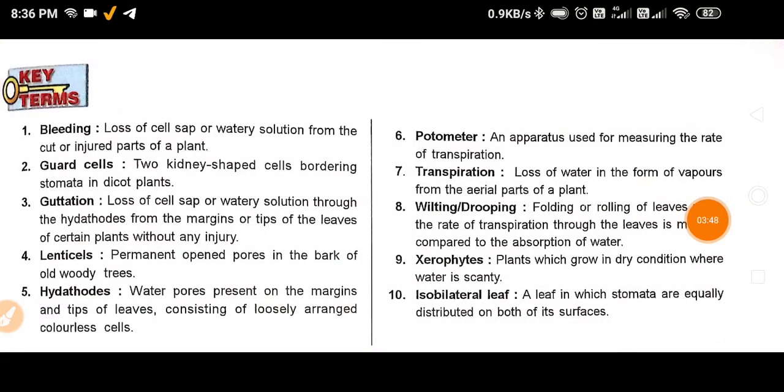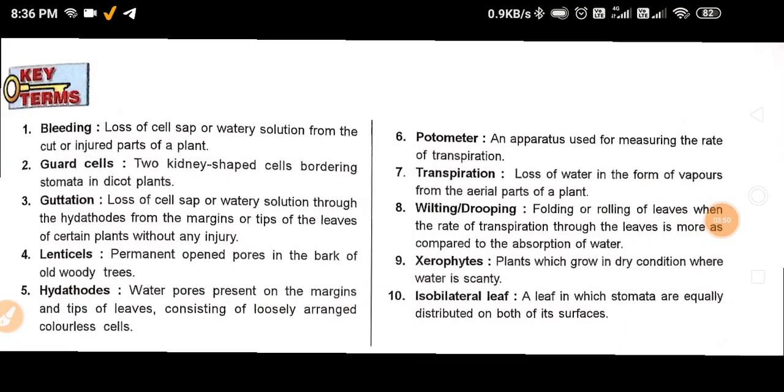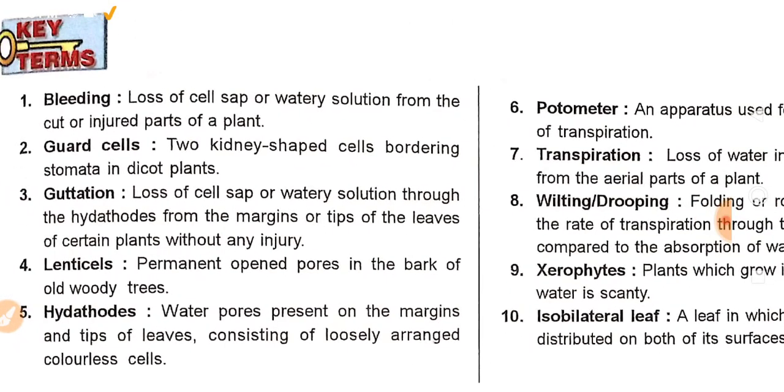Now I am sharing with you some key terms of this chapter, transpiration. First is bleeding. Loss of cell sap or watery solution from the cut or injured part of a plant is called bleeding. Guard cells: two kidney-shaped cells bordering stomata in dicot plants.